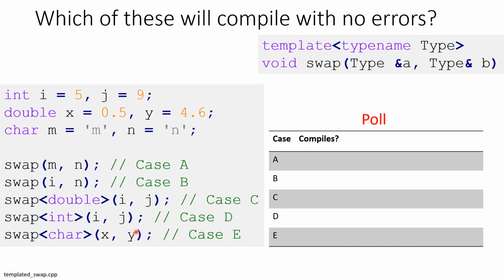Okay, another chance to get chocolate bars. So we have these variables and these cases. For each case, does it compile or does it not? And we have this swap template. Yep. You can do one of them more.